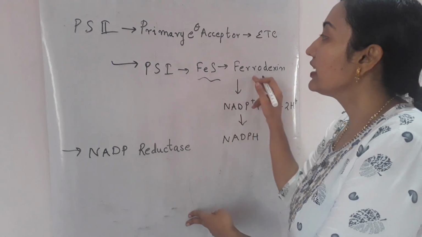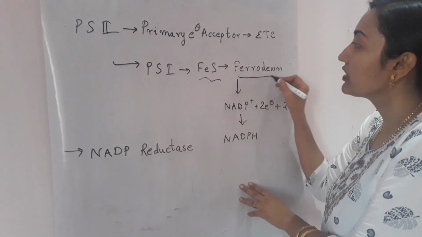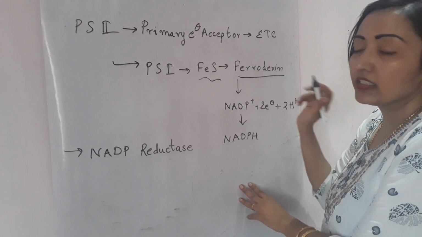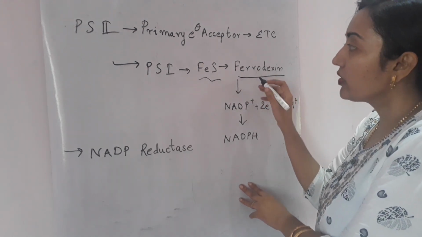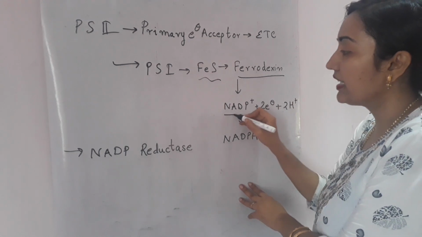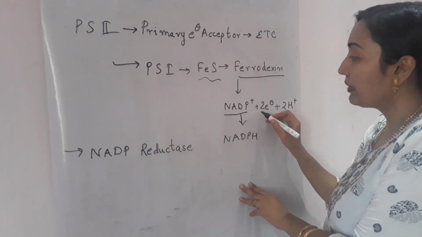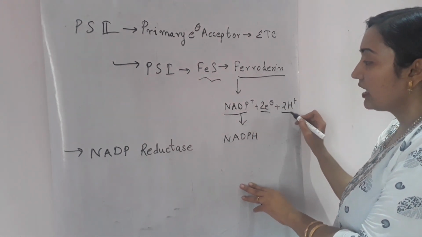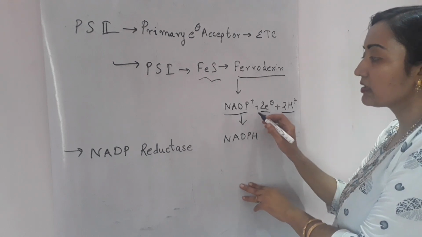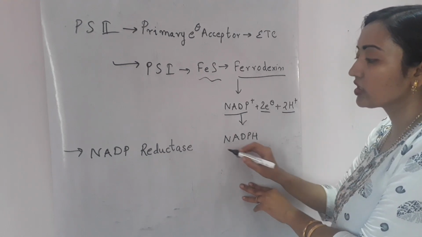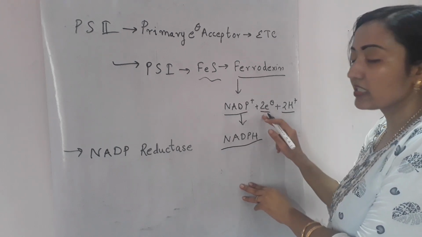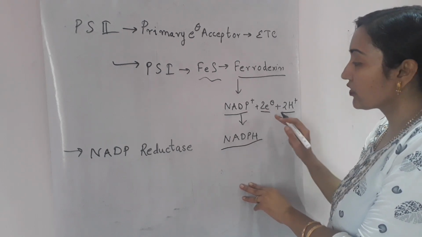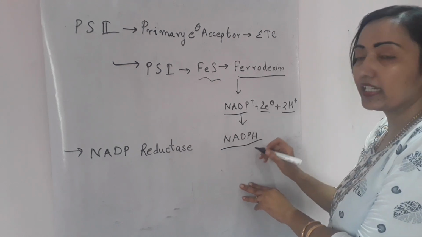The iron sulfide gives the electron to a compound called ferredoxin. Ferredoxin gives the electron to NADP+. NADP+ accepts 2 electrons plus 2 hydrogen, and forms NADPH.